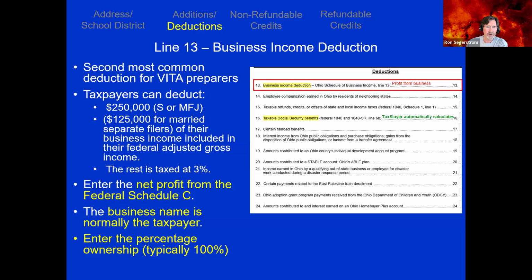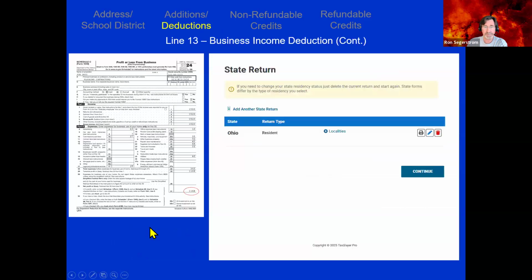And for these, we're going to just ensure that the federal Schedule C net profit is input into TaxSlayer in the Ohio section. The business name is going to be the name of the taxpayer, and the percentage of ownership is 100%.